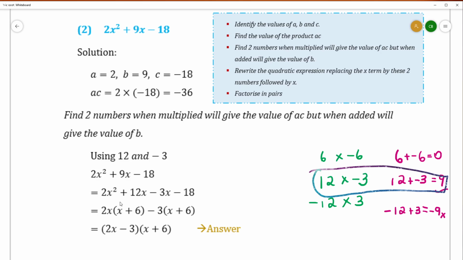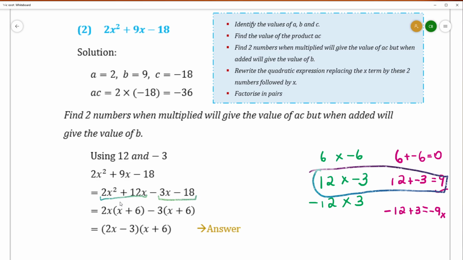Just as we did before, we are going to look for common factors within our first two terms. Looking at our first pair, we see that we can factorize 2x and we'll be left with x plus 6 in brackets. Looking at our second pair, we can factorize minus 3 and we'll be left with x plus 6 in brackets again.